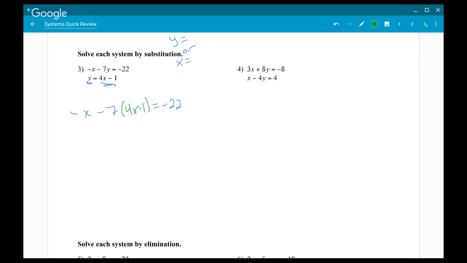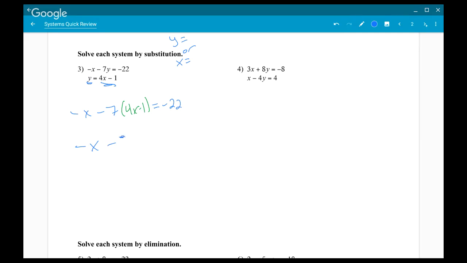So what I'm doing is I'm saying my second equation says y equals 4x minus 1. So I'm going to take out the y in the first equation and plop in 4x minus 1. I'm going to plop in what it's equal to. At this point, now you've got one equation and one variable, so you're just going to do the math here.